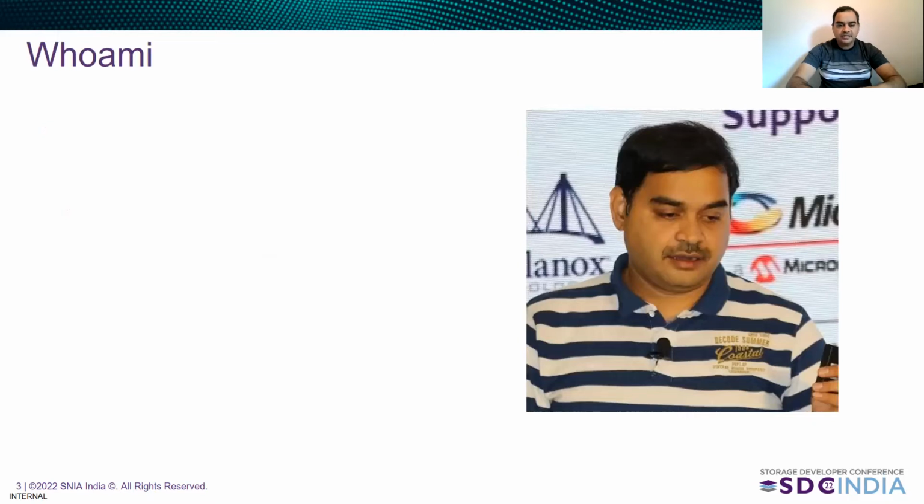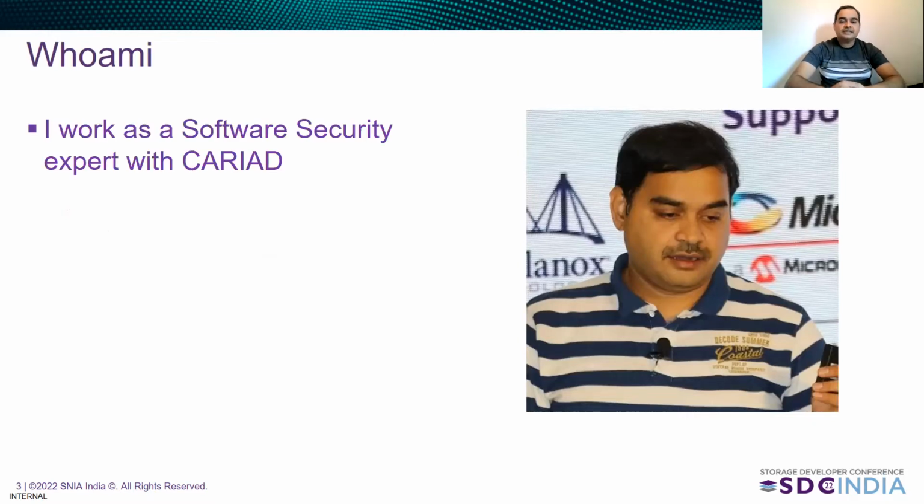I will just jump into the who am I slide now and quickly introduce myself. I work as a software security expert with CARIAD. So what is CARIAD? CARIAD stands for Car I Am Digital. It's a software arm of Volkswagen Group. Volkswagen has multiple companies under its umbrella, like Audi, Porsche, Bentley, and all the likes.